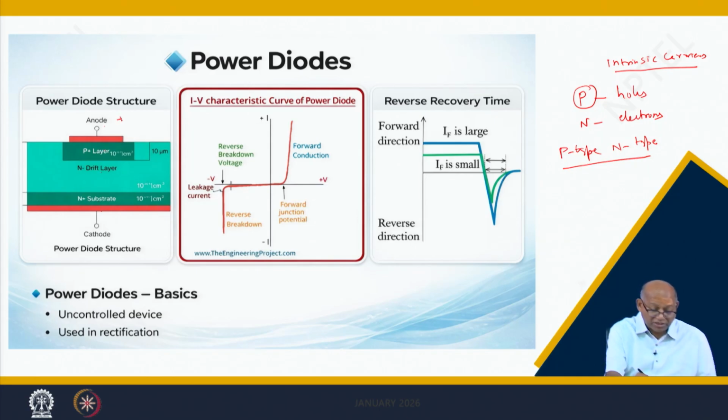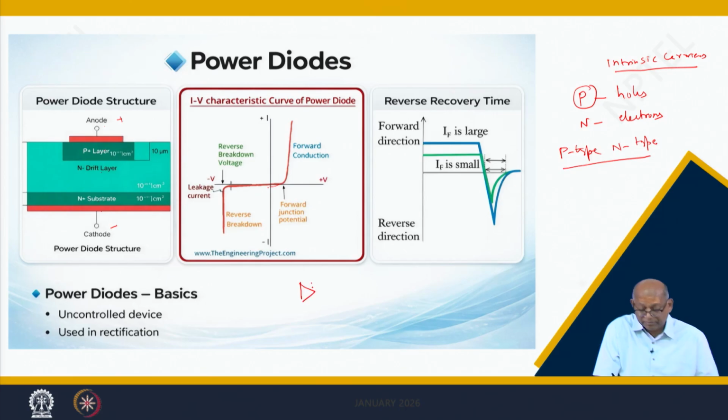If you make it positive here and negative there, the current will flow, but if you do the reverse, current will not flow. There is no control here. The only thing is, if you make the anode positive, you can see V is positive, after a threshold it starts conducting. This is the symbol.